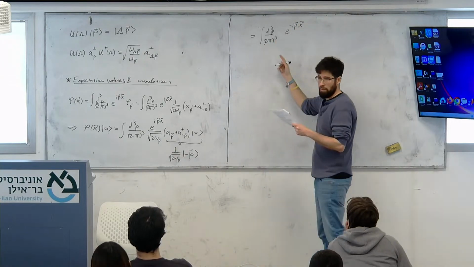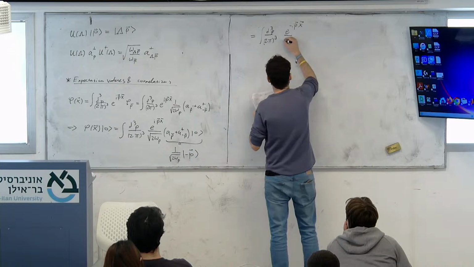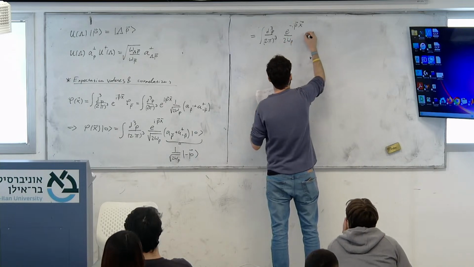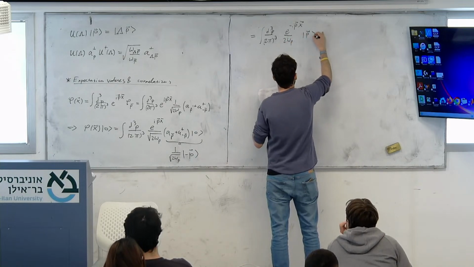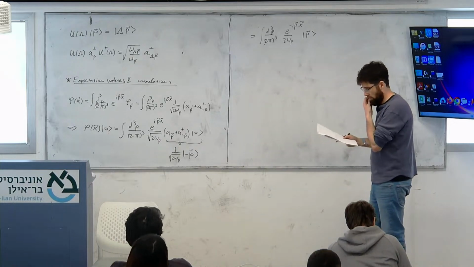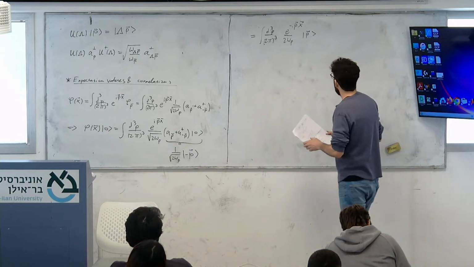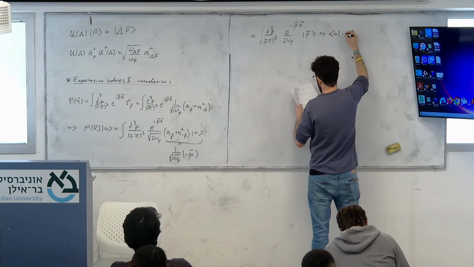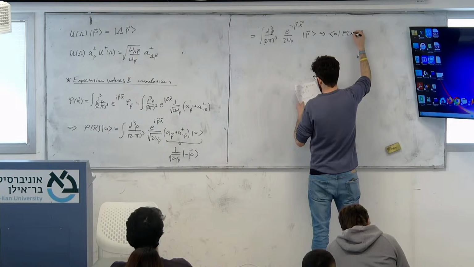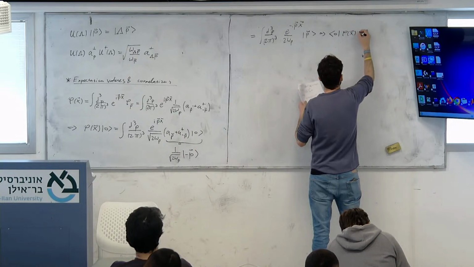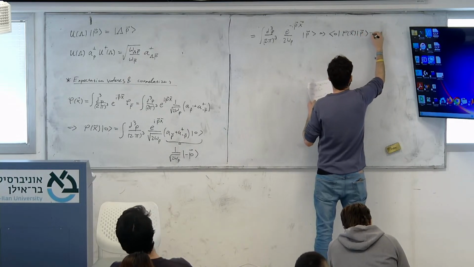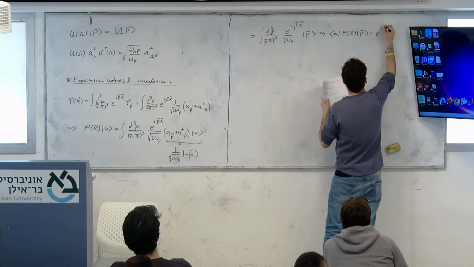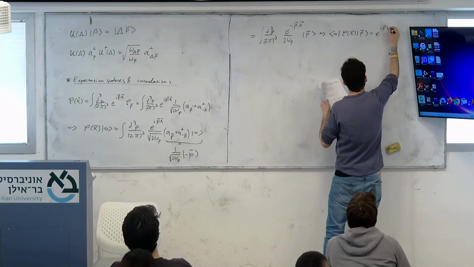Here I took p to minus p, and then I get 2 times omega p times the state p that I've just defined before. And from here you can conclude that 0 phi of x times p is just e to the I p x.